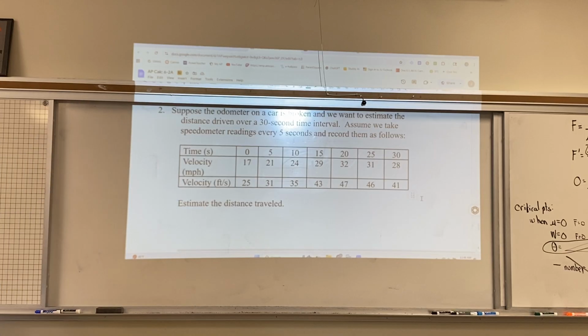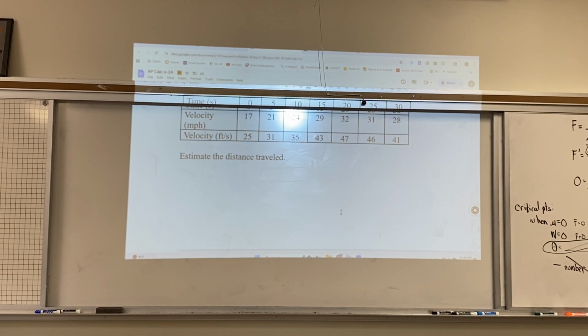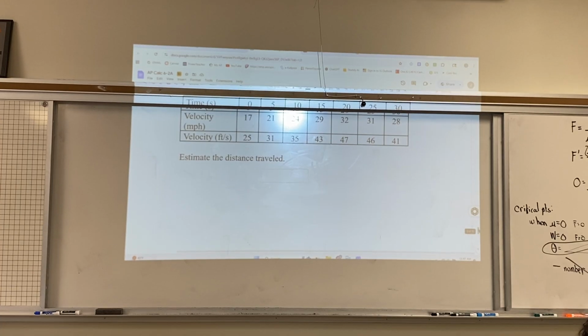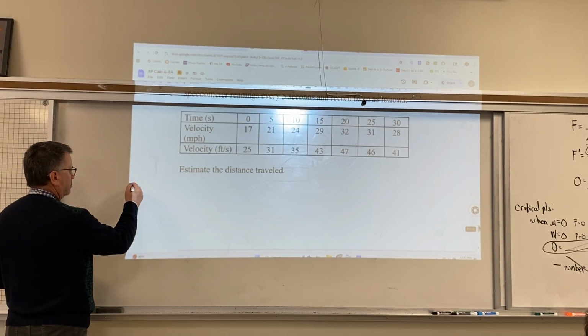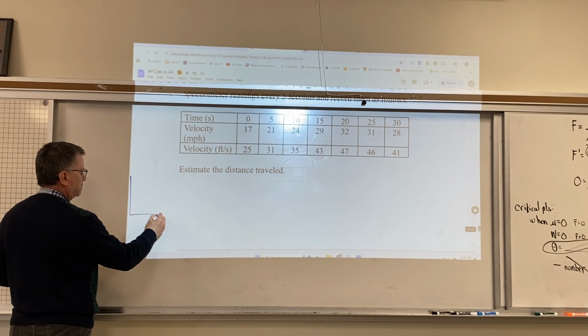Oh, okay. Well, yesterday, when estimating, I used a bunch of rectangles. Let's see, I don't have room to work here. Hey, what if I use the left side? Well, first of all, what's the width of each? If you were going to graph this, don't we usually put the time on the bottom?